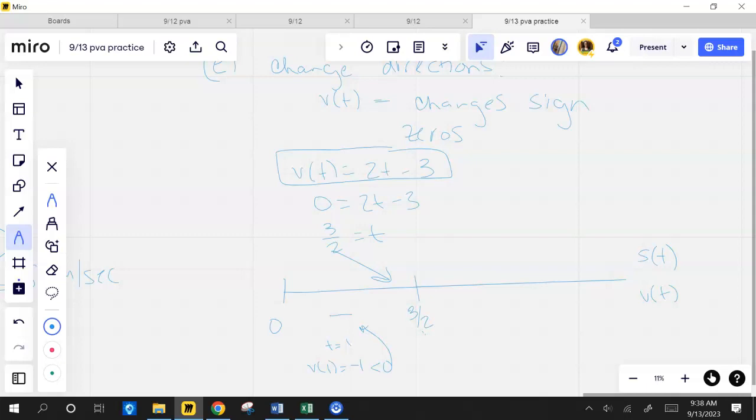The velocity equation, everything down here has to do with velocity. So I took an example of a number in this range and I plugged it into velocity and I got -1, which tells me any number in this area will give me a negative sign. And if my velocity is negative, because velocity is the slope of the original function, that means my function is decreasing on that interval.